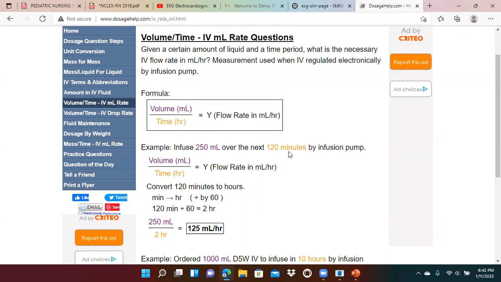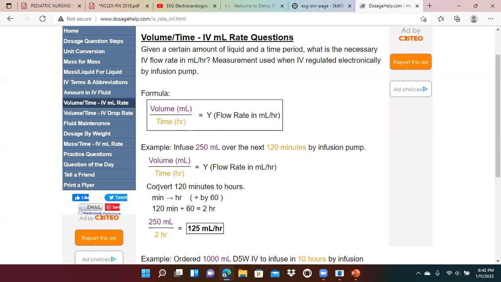So this is 120 minutes, you have to convert to hour because of the formula. By infusion pump, we need to know what the flow rate is in ml per hour. According to this formula, volume is 250 divided by time, and time is here 120 minutes converted to hour.